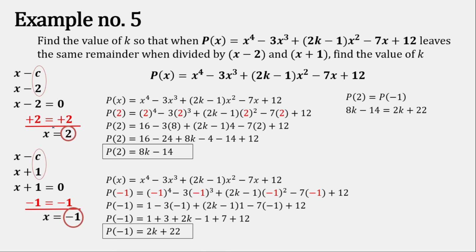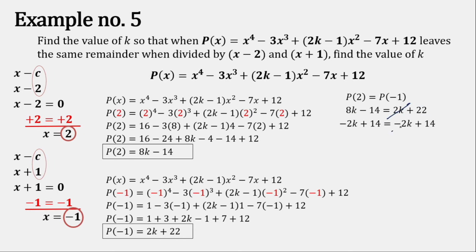So using this, let's put k on the left hand side, and let's put the constant term on the right hand side. In that case, I will subtract 2k and add 14 on both sides.